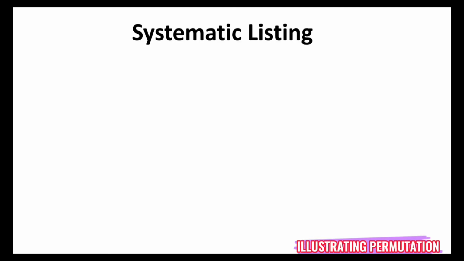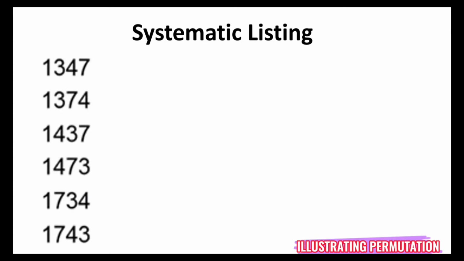Again, in the problem, we need to list all the possible outcomes, and there are 4-digit codes, which are composed of 1, 3, 4, and 7. Using systematic listing, let us list first all the possible codes, starting with number 1.